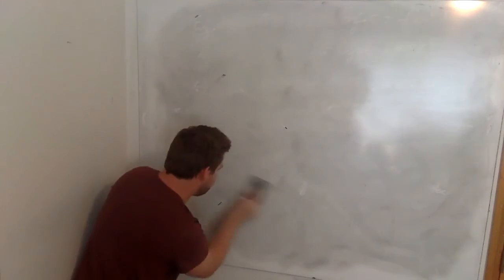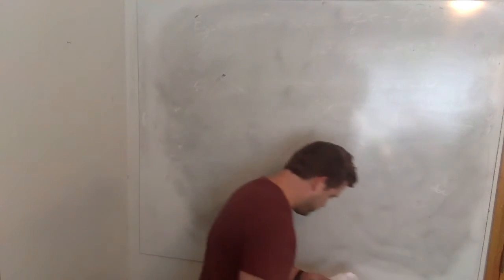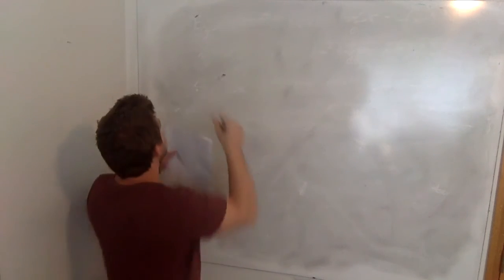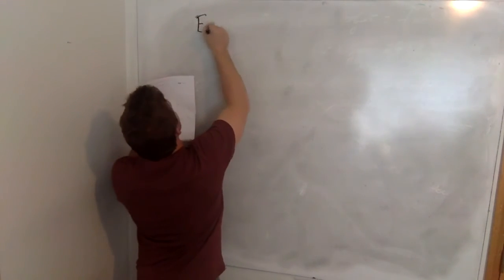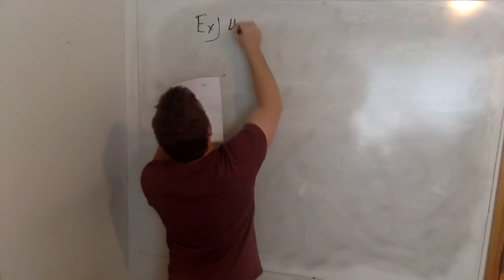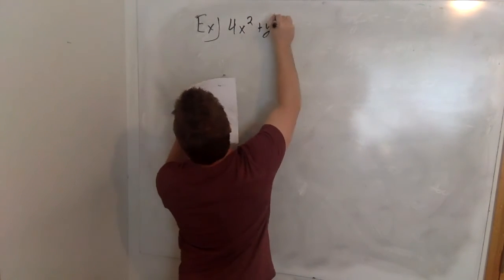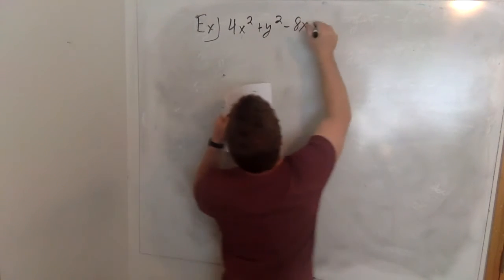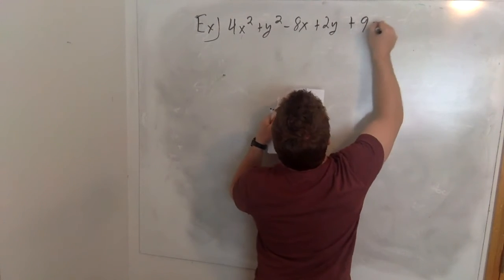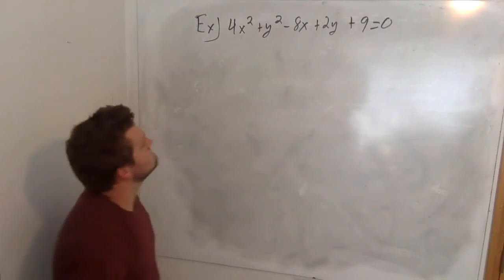Okay, what else could we get? Let's do another one. As an example, let's say we have 4x squared plus y squared minus 8x plus 2y plus 9 is equal to 0.